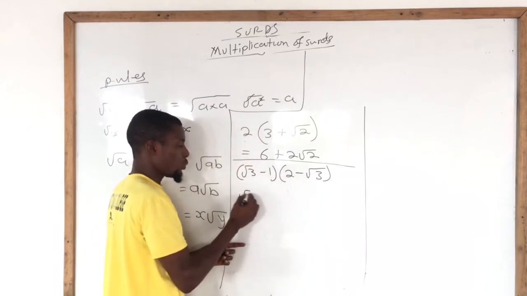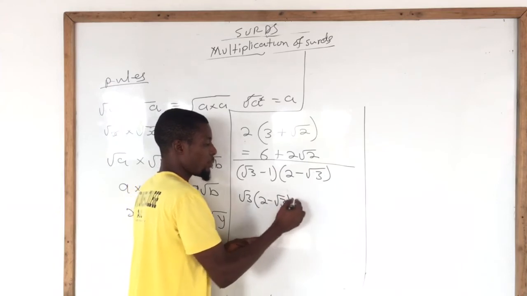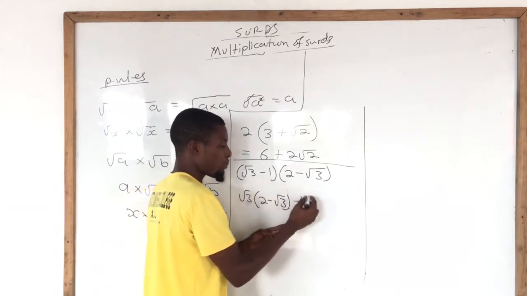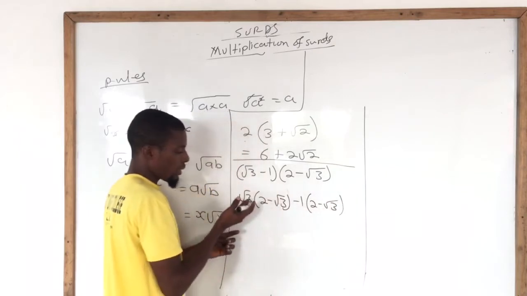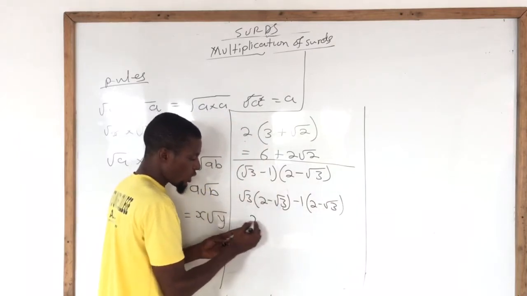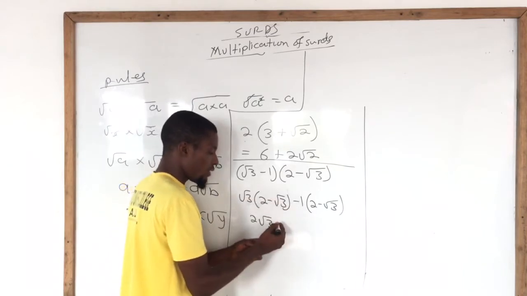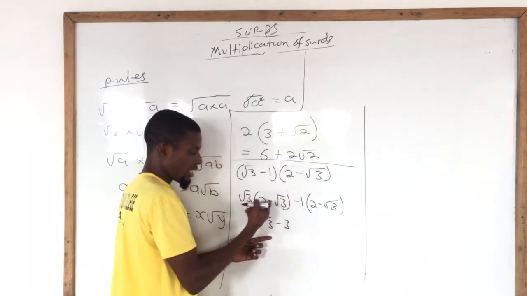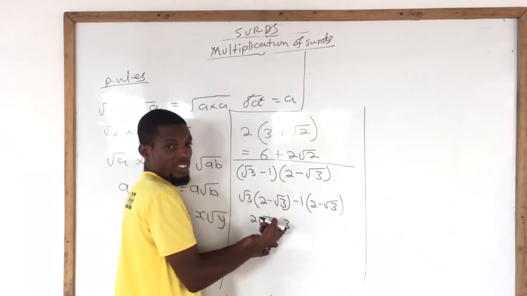So this is root 3 multiplying 2 minus root 3, and minus 1 also multiplying 2 minus root 3. Root 3 times 2 is going to give me 2 root 3. Root 3 times root 3 is going to give me 3. Remember, it's negative. You know why this one is 3, right?